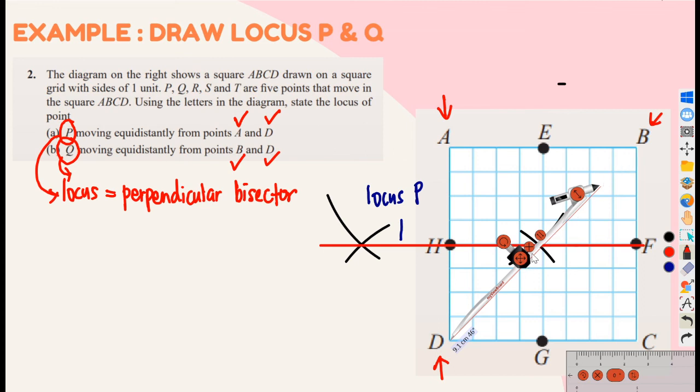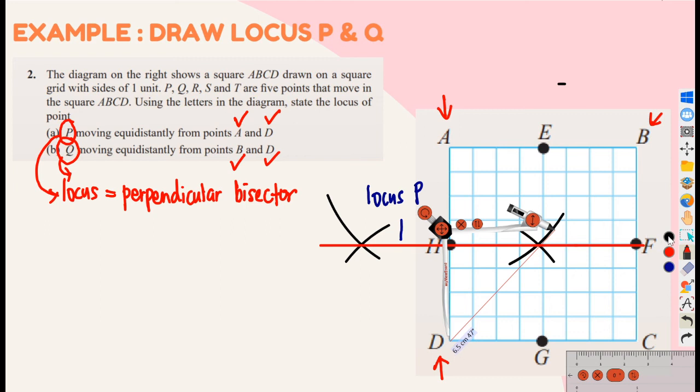So half means 5 boxes. Okay, so more than half here. Let's say the length here is 6.5 cm.